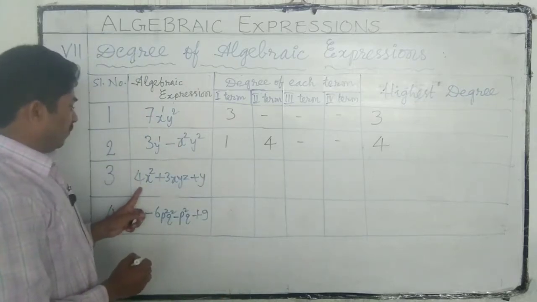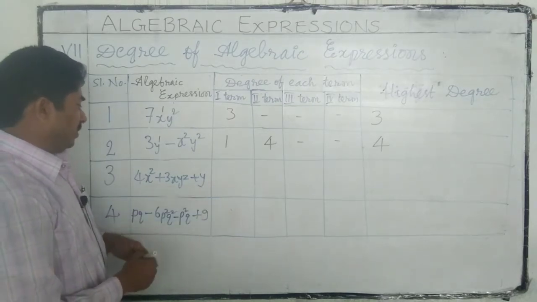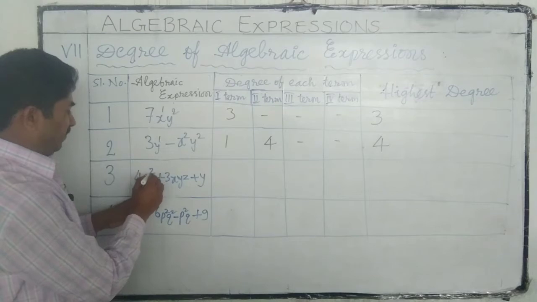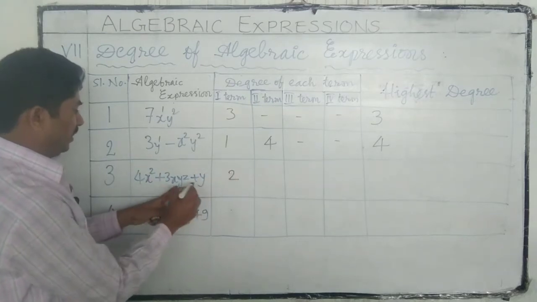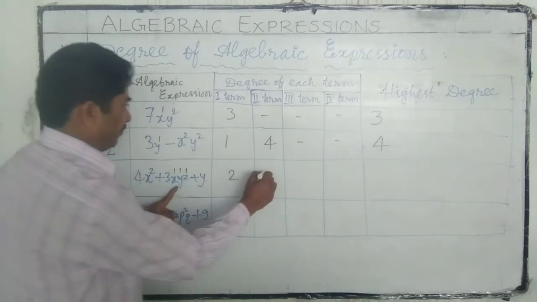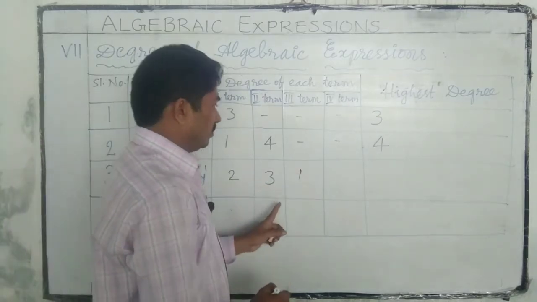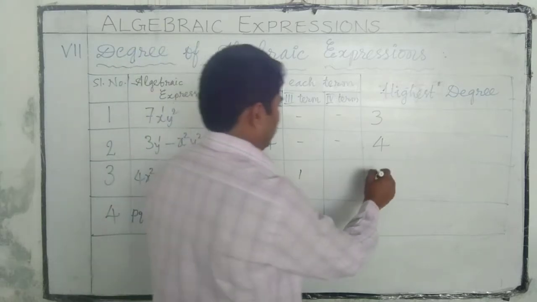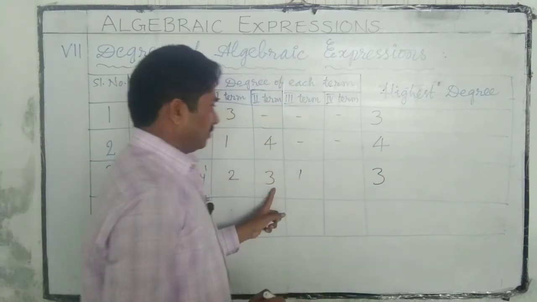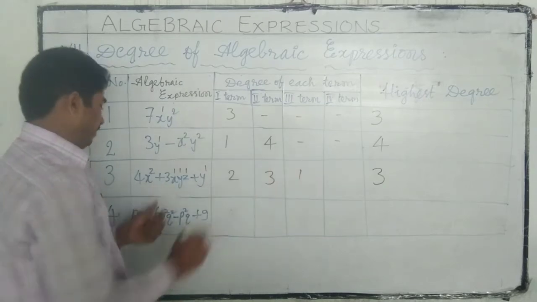Next, 4x square plus 3xyz plus y. The degree of first term 2, degree of second term 1 plus 1, 2 plus 1, 3, and the third term 1. So in this 3 is the highest degree, so degree of this algebraic expression is 3.